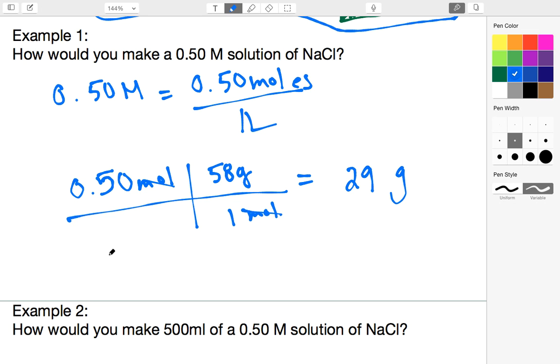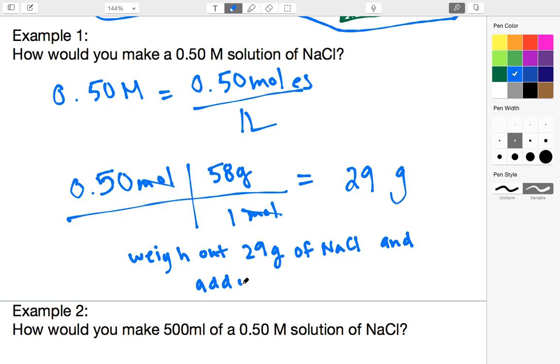So my answer would be to weigh out 29 grams of NaCl and add water up to 1 liter.